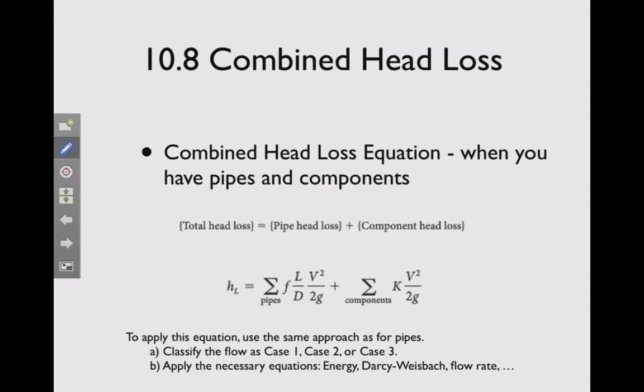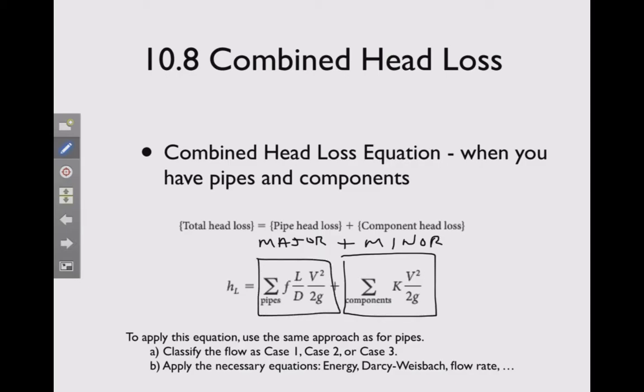We would plug K into this equation right here to find the minor head loss, and we would combine that with the other work we've done in the sections before to determine the friction factor and the major head loss, and that will give us the total head loss. So it's pretty easy to do.